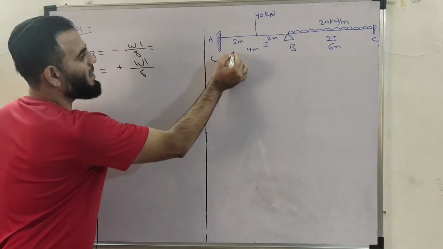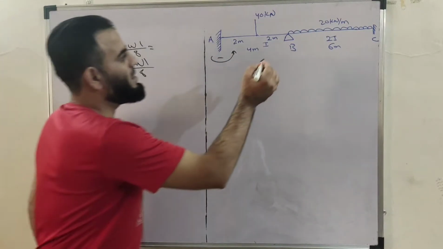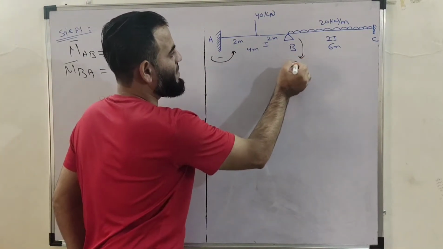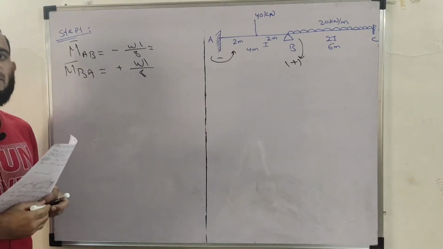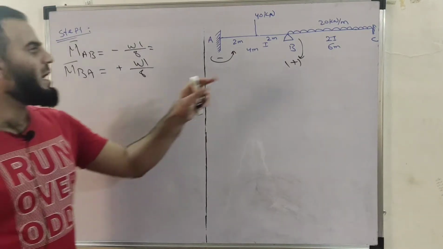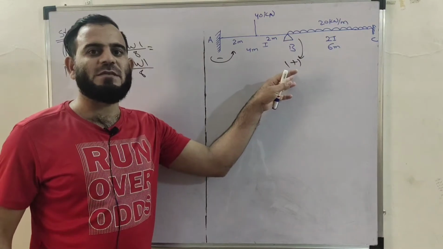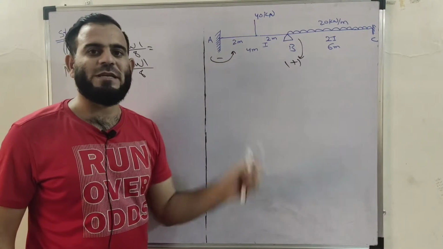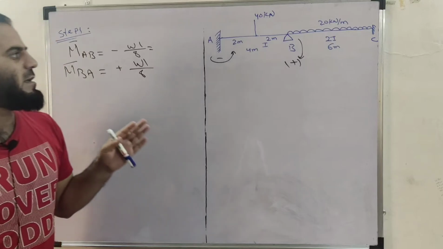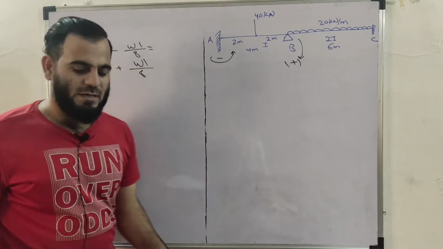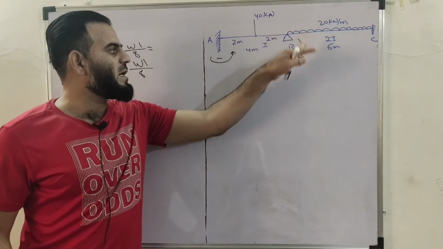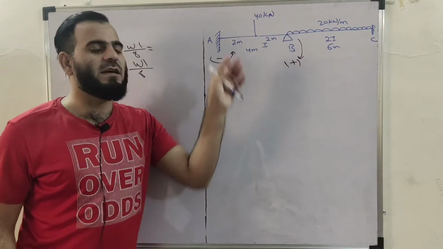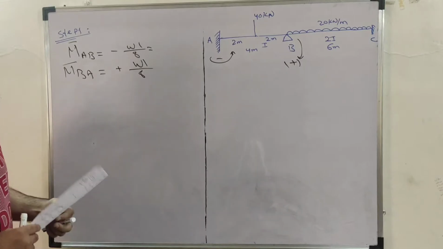This is anti-clockwise, minus, and this is clockwise, plus. Dear friends, you should know, as an assumption, we consider clockwise moment as positive and anti-clockwise moment as negative.